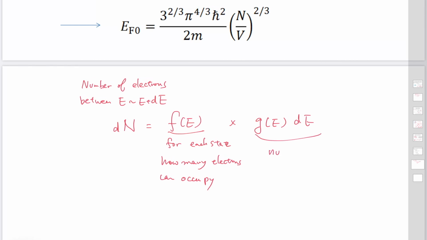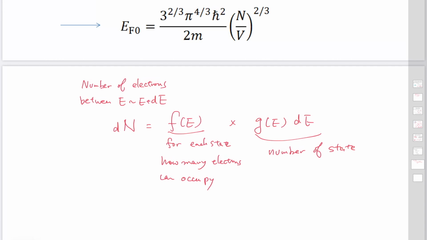This is the number of states. Then we can calculate how many electrons actually occupy energy between E and E plus dE.